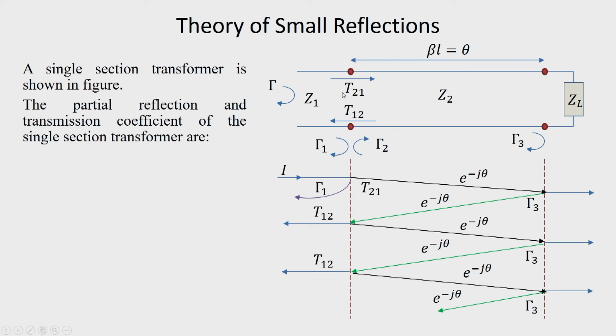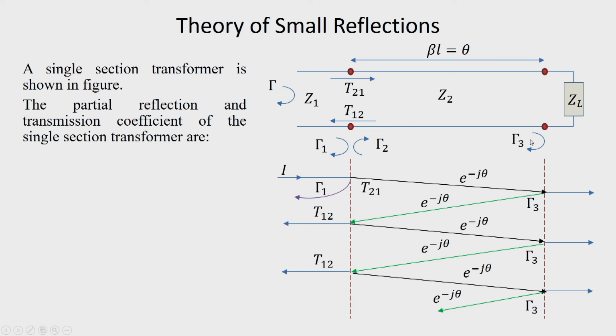Similarly, a part of the wave will also travel to the second section of the transmission line, and we have T21 as the transmission coefficient from transmission line section 1 to 2. Now, this wave travelling in this second section finds another mismatch when it reaches the load impedance ZL.